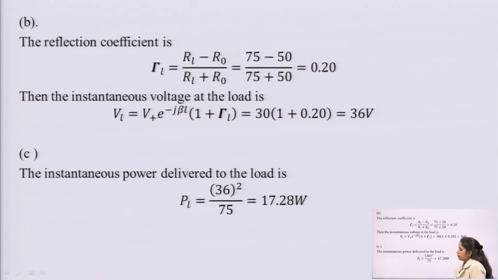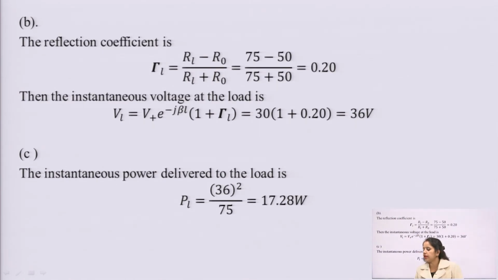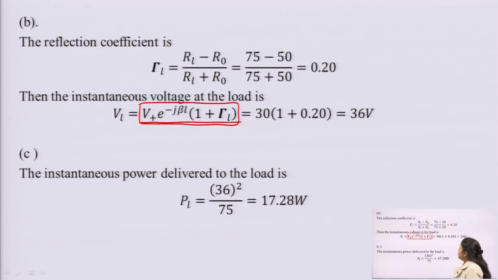Now, the second thing which we have to calculate is the magnitude of the instantaneous load voltage. For calculating the magnitude of the instantaneous load voltage, we have to go through this formula. This is the formula for calculating the instantaneous voltage at the load. So, V plus is known to us, that is 30, and we have to find the magnitude.